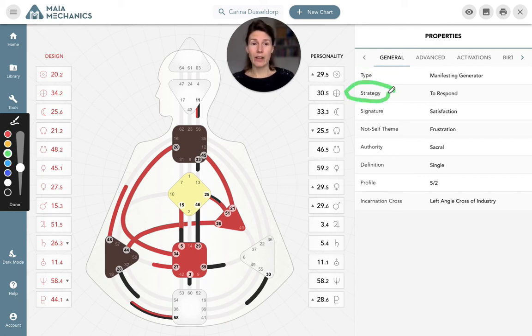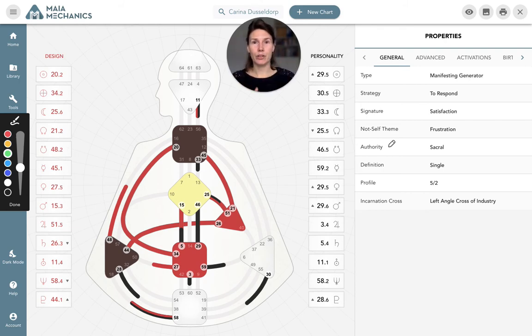Then we have the strategy, which is the dance, the interaction with life. And then we have the authority, which is the place within yourself, within your body, that is reliable for you to make decisions from. And spoiler, spoiler, it's never the mind.